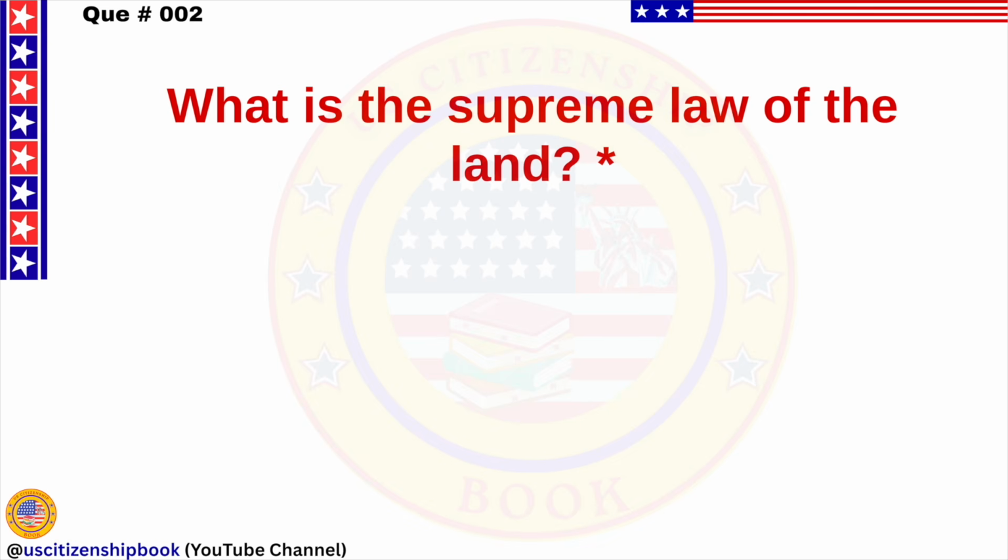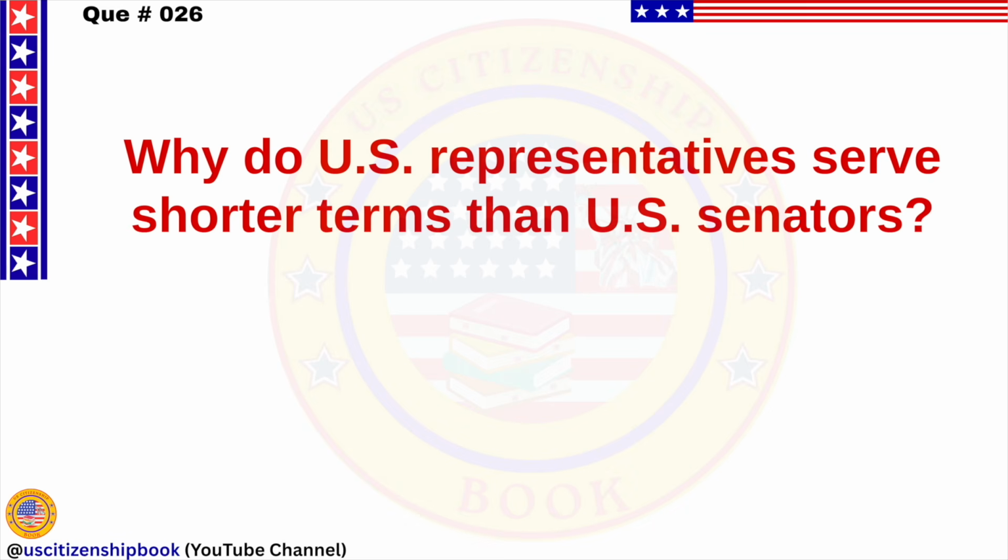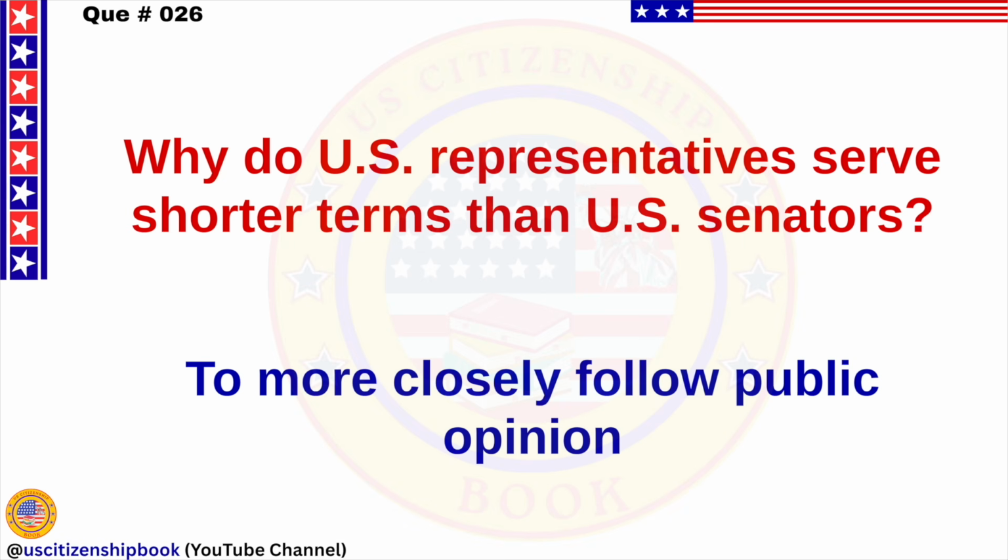What is the supreme law of the land? U.S. Constitution. Why do U.S. representatives serve shorter terms than U.S. senators? To more closely follow public opinion.